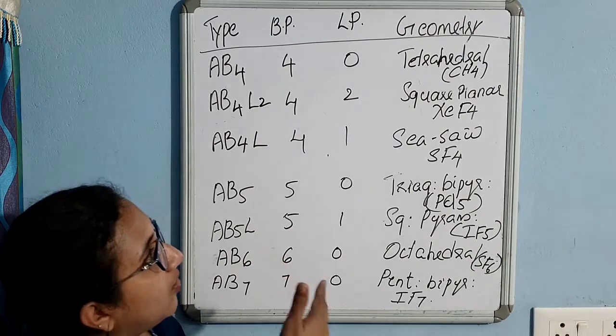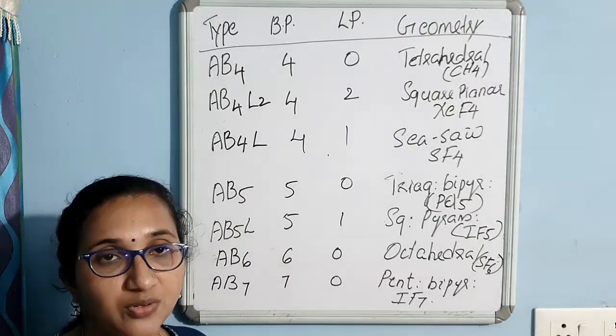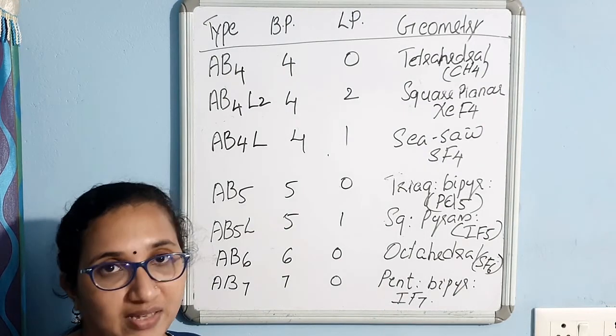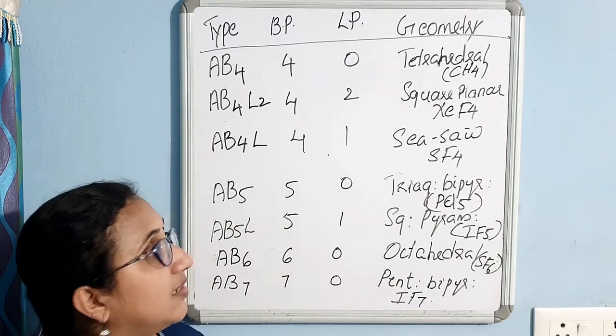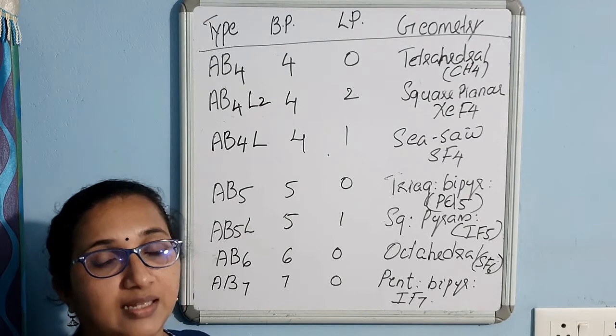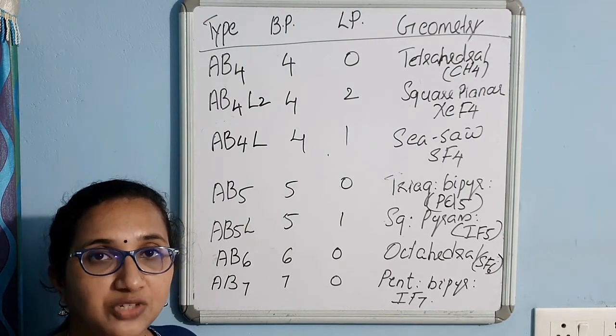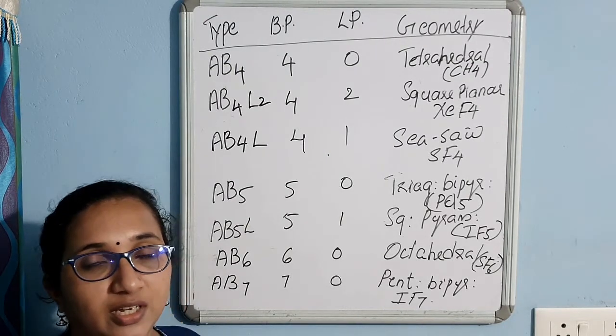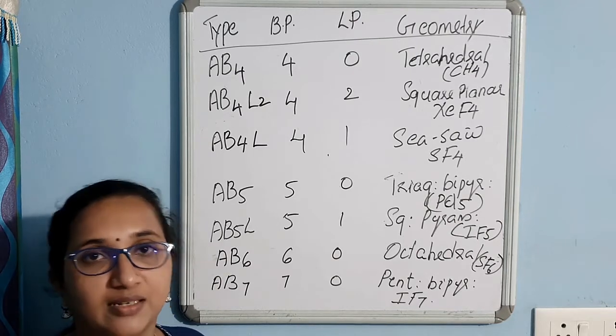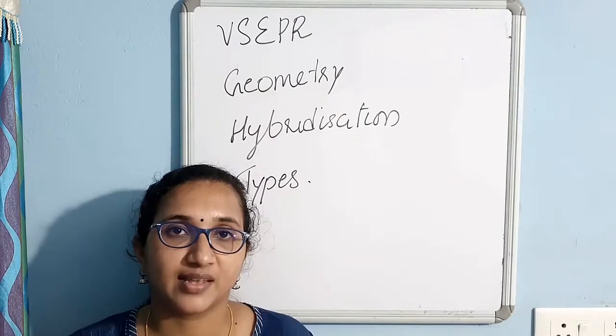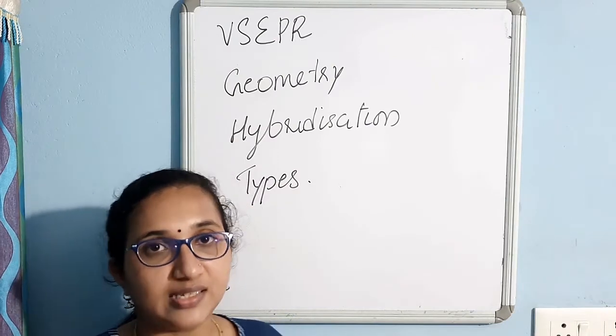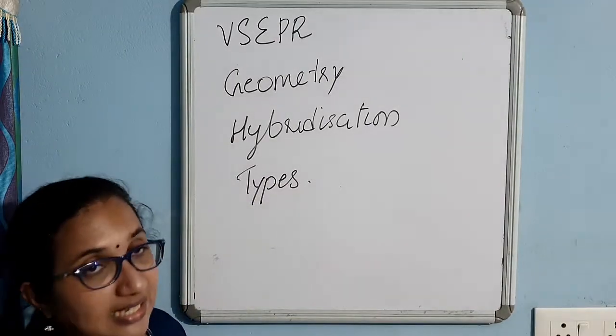So we can see in all these cases that based on the number of lone pairs, there can be deviation from the expected geometry in order to minimize repulsion and get maximum stability. Now let's summarize all these portions that we discussed today.